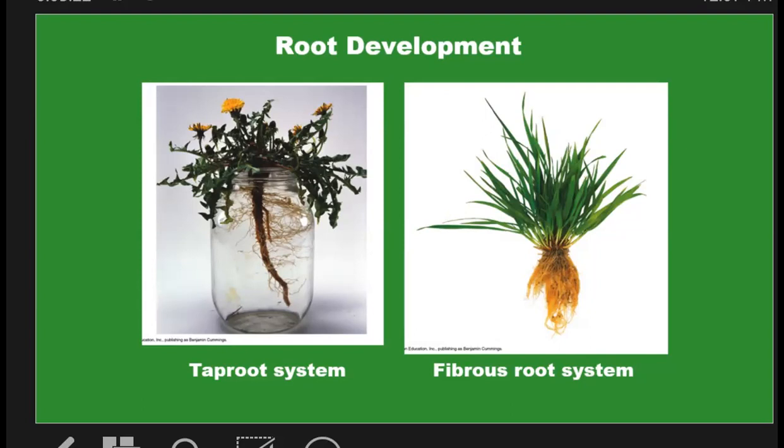Many grasses have that kind of system, but I also want you to know that there are gradations in between these two extremes. Sometimes it's not so obvious, and sometimes I see plants that have a thickened taproot, but they also have plenty of more fibrous roots coming off that are pretty thick in diameter too. So it just depends. There's some variation on the overall root system design, and we'll get into that a little bit.